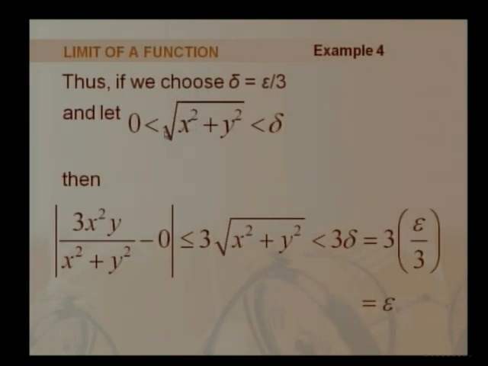So taking the value of square root x square plus y square as smaller than delta, we can put this value here.